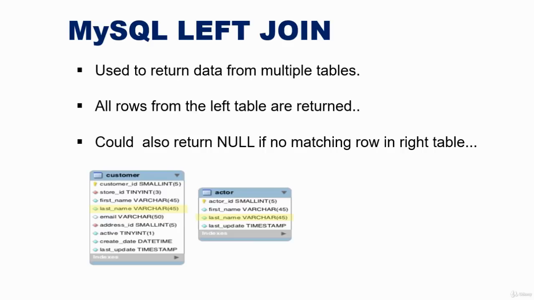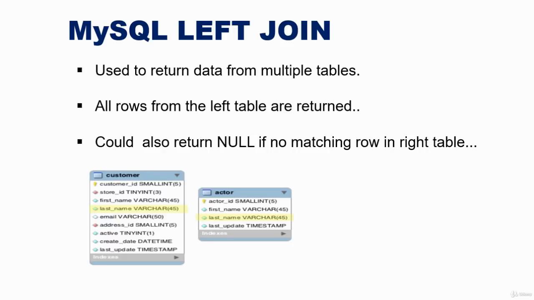The important thing here is that we would like to display all the customers regardless of whether they share their last name with an actor or not. So therefore, if a customer doesn't share the same last name as an actor, the customer is still listed.